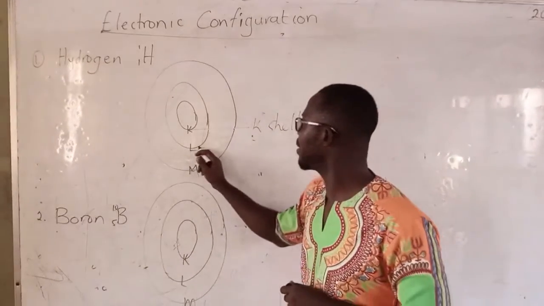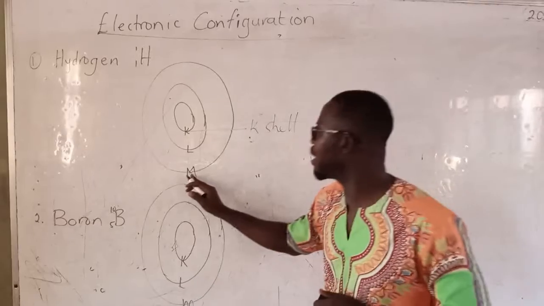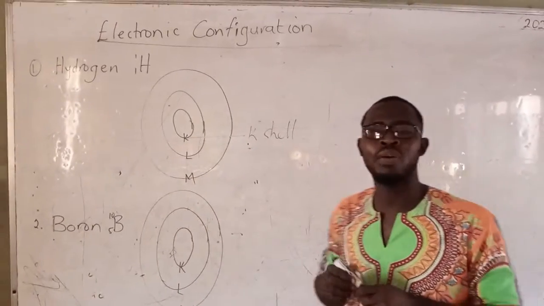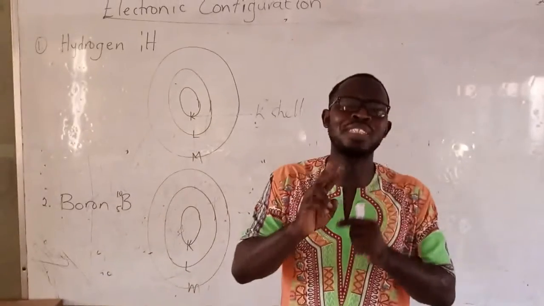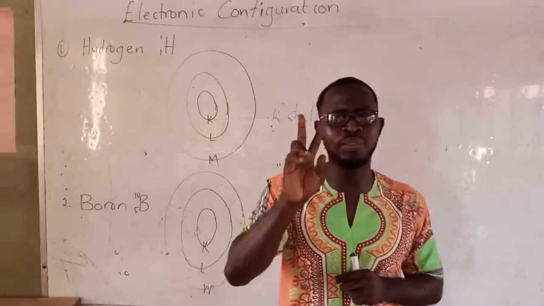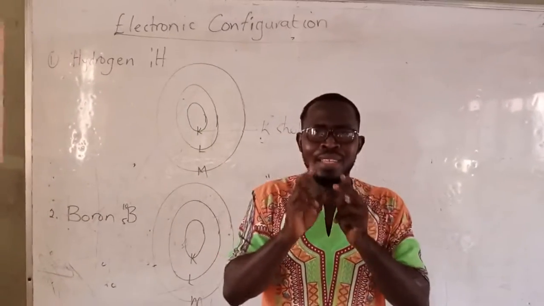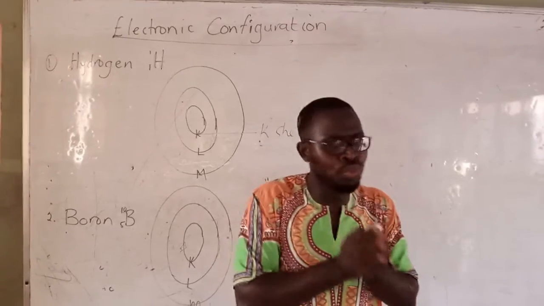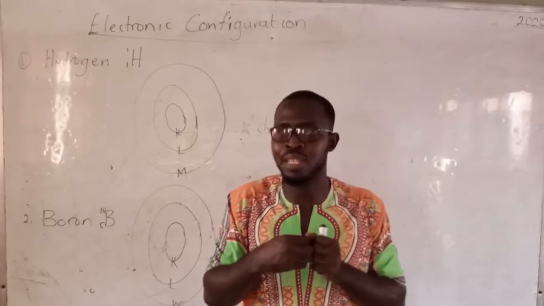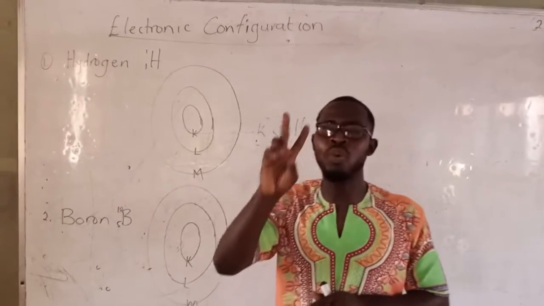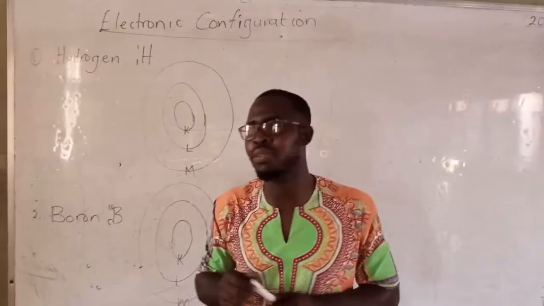This is the L shell and then the M shell. Now the K shell can accommodate a maximum of 2 electrons. Any other electron will have to go to the next shell. The K shell can accommodate only 2 electrons.